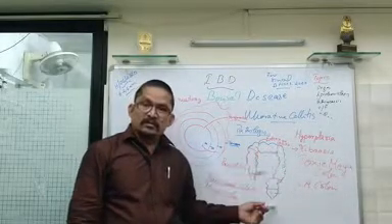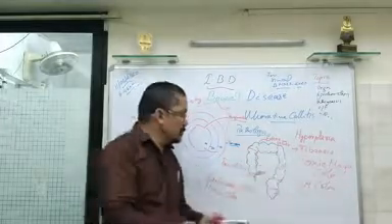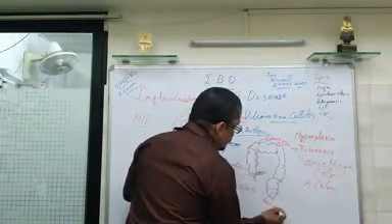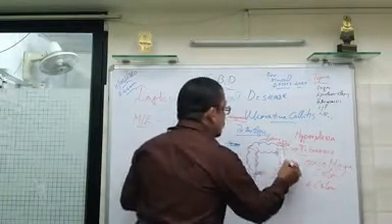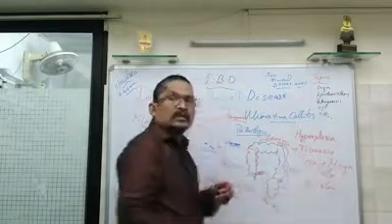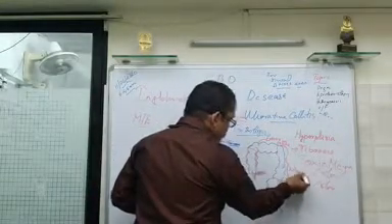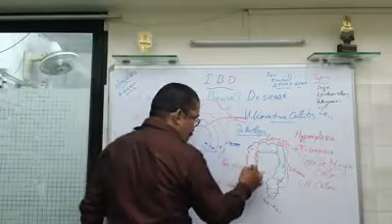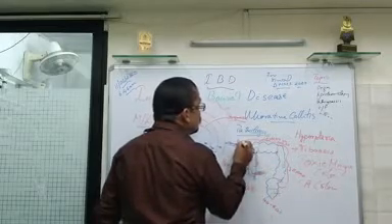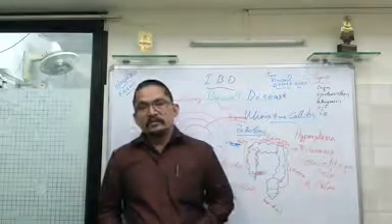Left-sided colitis affects about 30 to 40%, and extensive colitis or pancolitis comes in about 20% of cases.